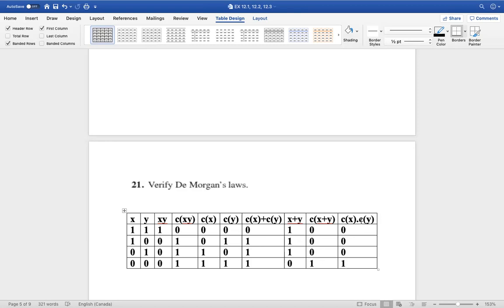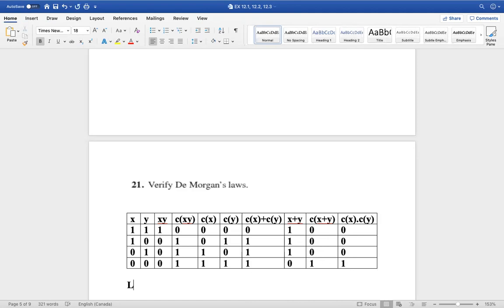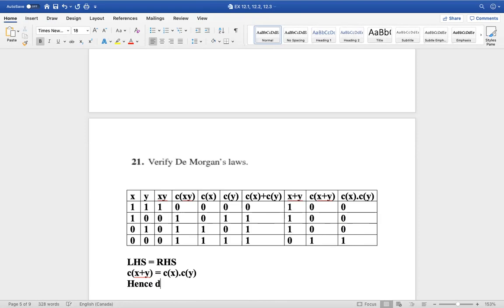Since the truth values match each other, we can say that the left hand side equals the right hand side. So left hand side equals the right hand side. Okay, so we can say that this equals this here, hence De Morgan's law is proved.